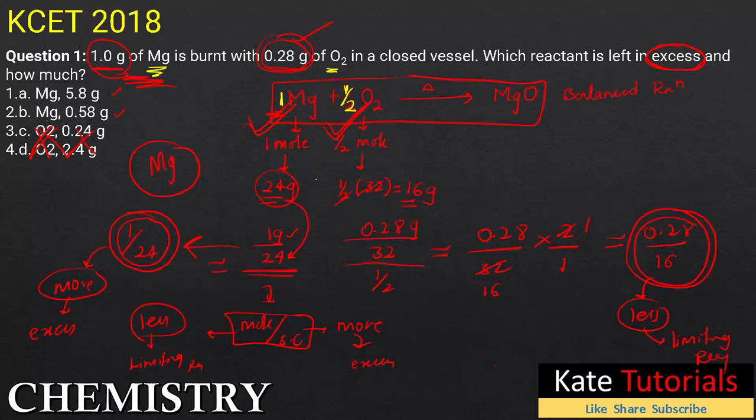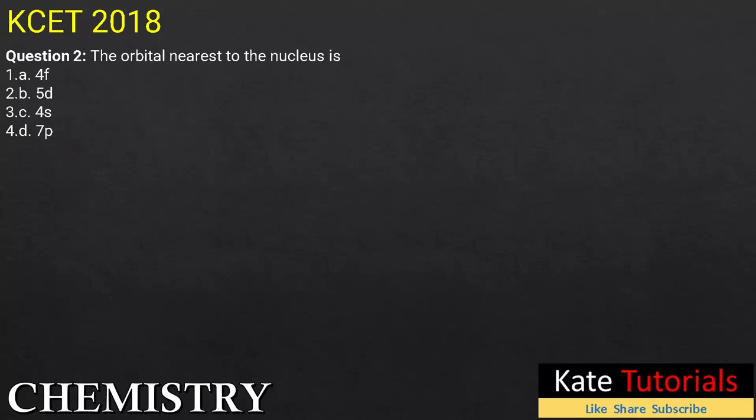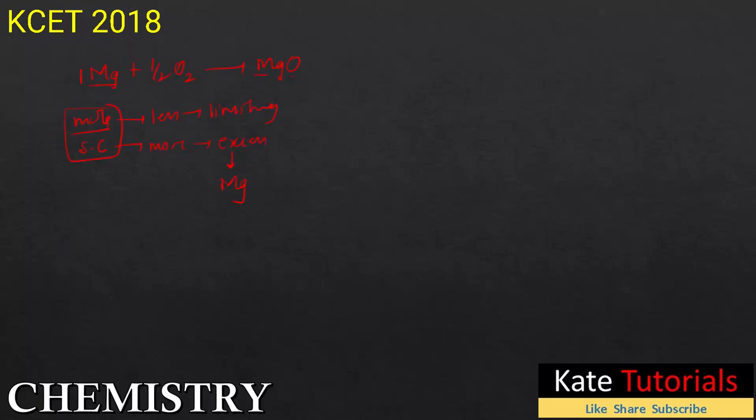And the next question is, we have to tell which reagent is left in excess and how much. So we have to tell the quantity, how much excess has been left out. Again, it can be easily solved. Let me write the reaction again. 1 mole of magnesium reacts with half mole of oxygen to give magnesium oxide.